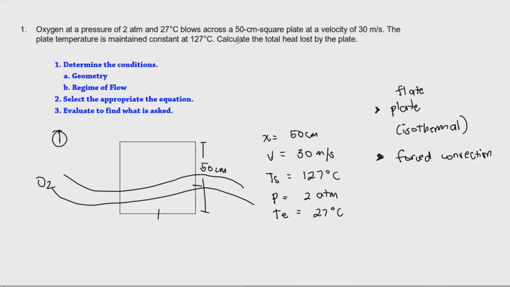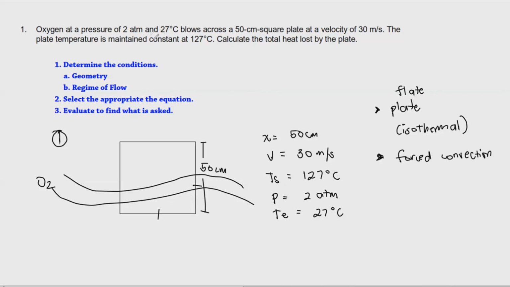This one is a forced convection simply because you don't naturally blow oxygen. Natural convection mostly occurs in which the object is just exposed to the air. So if you're having this oxygen that is blown, you should have something like a pump or a fan or whatever you'll be using to blow the oxygen.